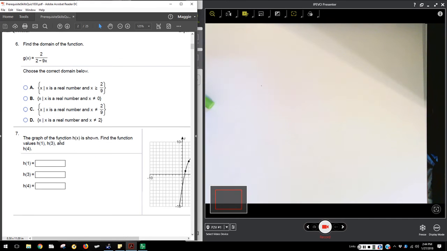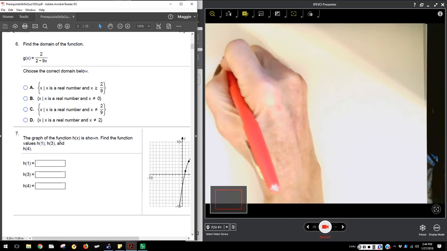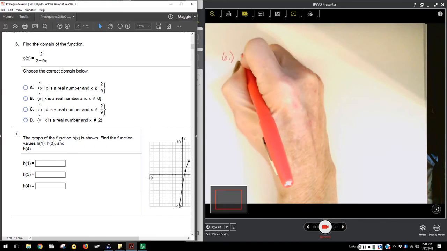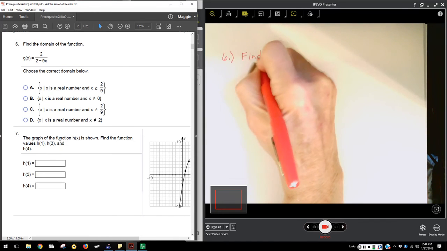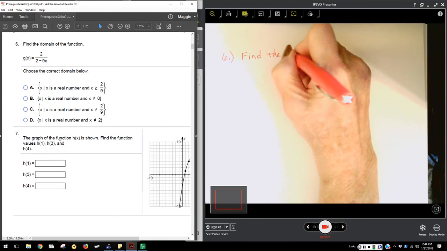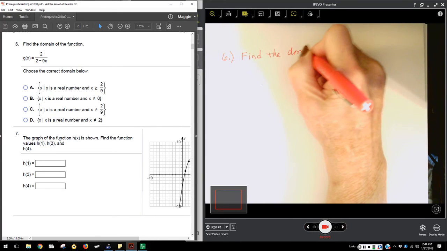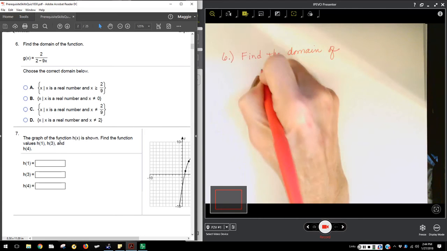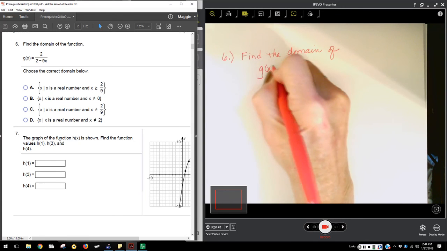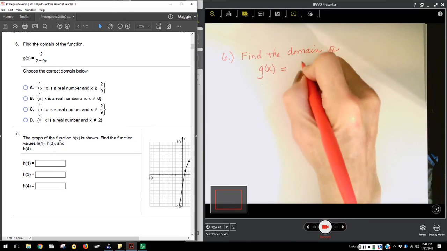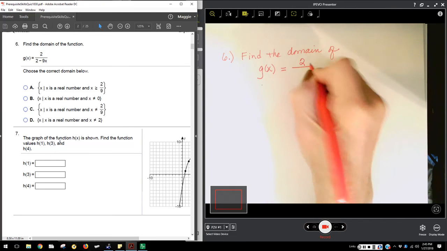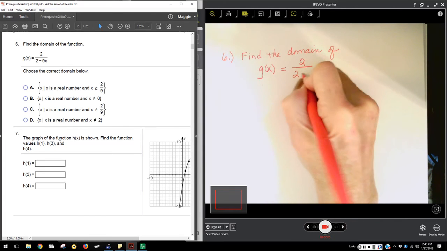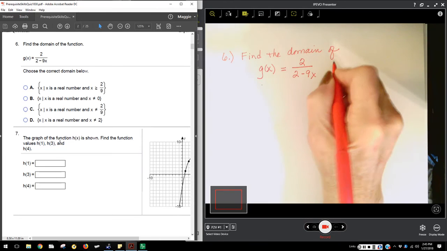And now that we've discussed domain and range, we can talk about finding the domain of a function. Number 6 says find the domain of g of x, which is the rational expression 2 over 2 minus 9x.